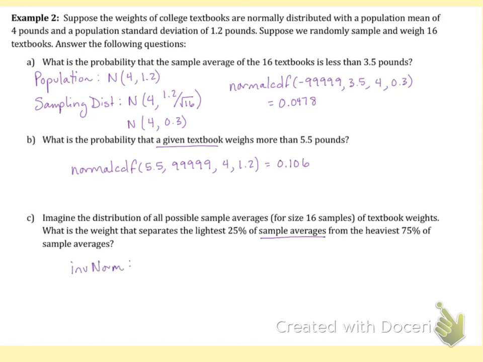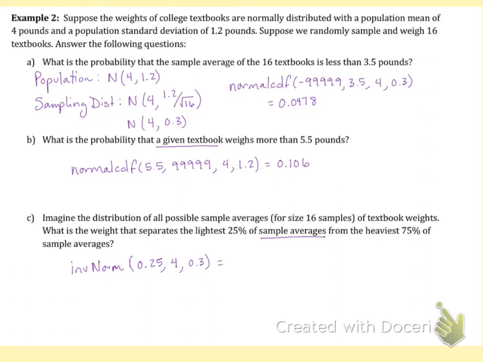And the inverse norm command for most calculators only works for the lower percentage. So in this case, it says the lightest 25%, so that's the area. So we'll do 0.25. The mean is 4, and again, because we're talking about the sample averages, we're talking about the sampling distribution, and the standard deviation for the sampling distribution was 0.3.